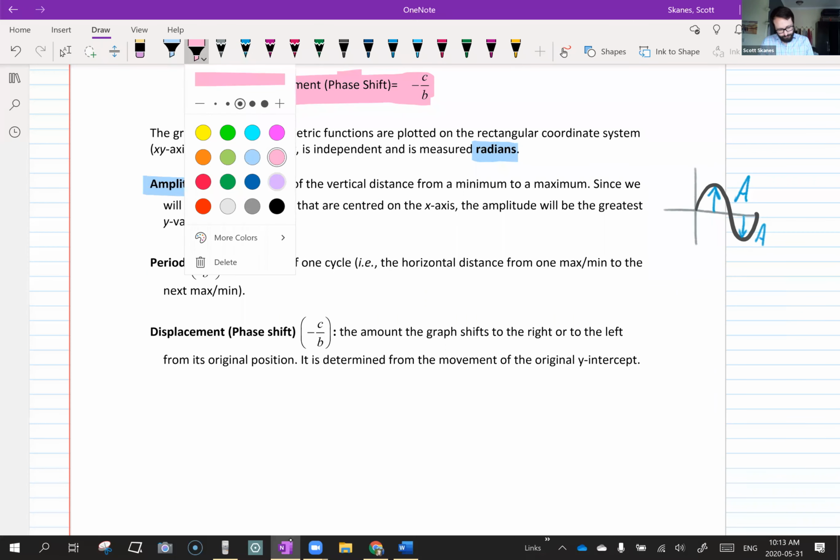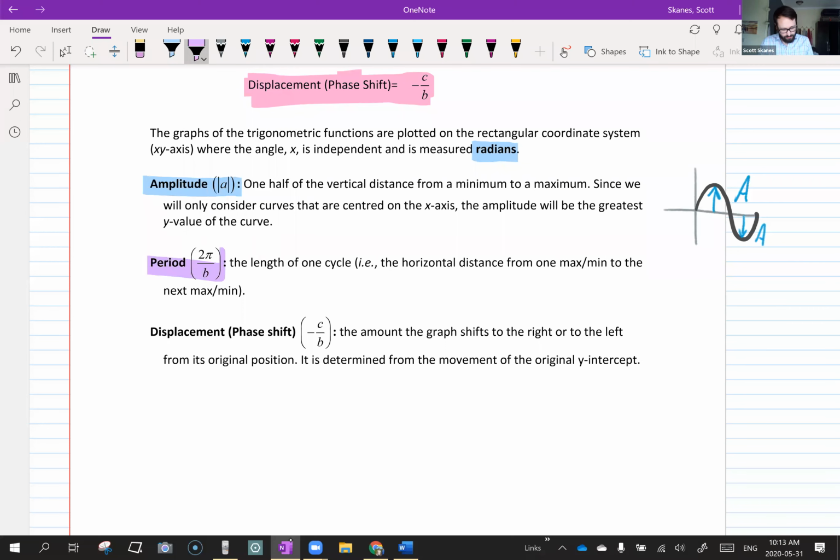Period. Period is how long it takes to get from one point to another point on the same curve, the exact same point, the length of one cycle. Generally speaking, that means we'll pick something like peaks. So for example, for a sine curve, if this is repeating over and over, that would be the distance from, let's say, here to here.